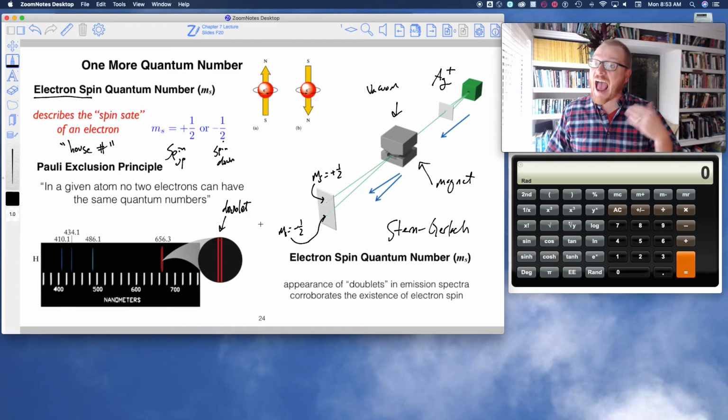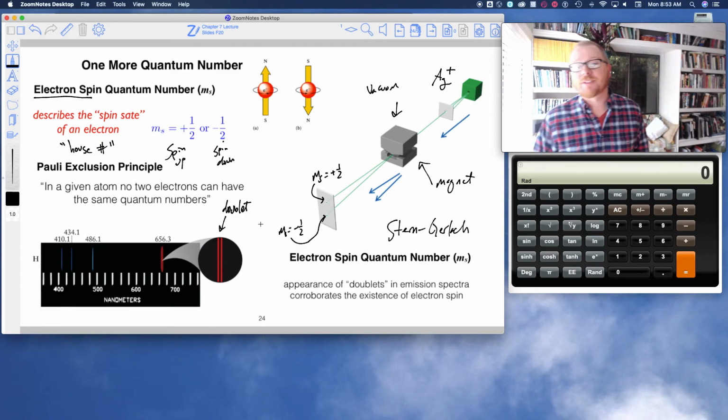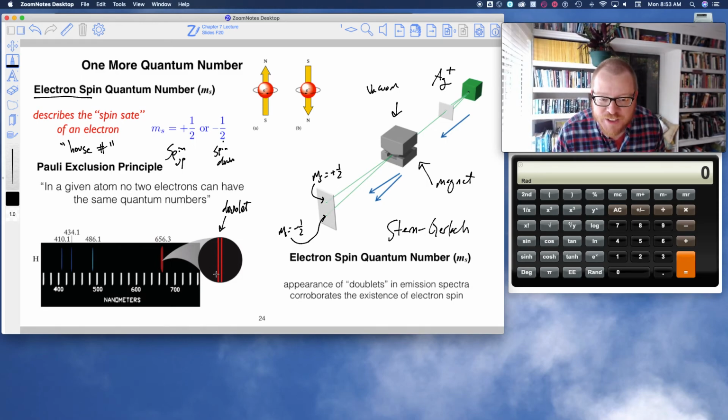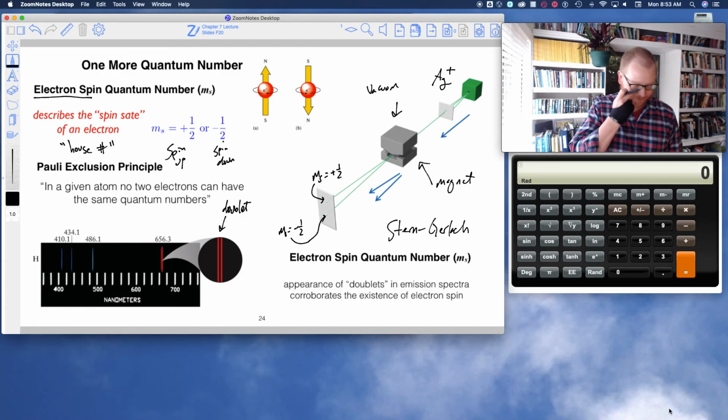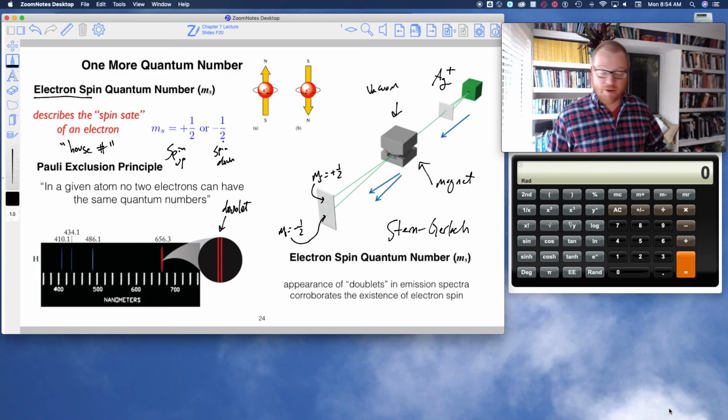And so when you see atoms or molecules that have paired electrons, a doublet like this, or a result like the Stern-Gerlach, you wouldn't observe that. You would not see that happen. So this is the experimental evidence of these spin numbers.